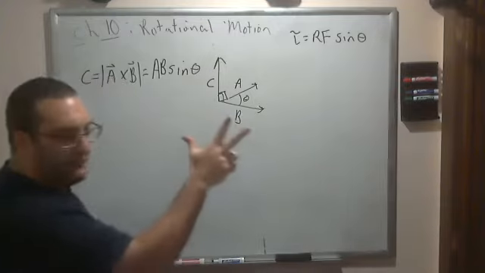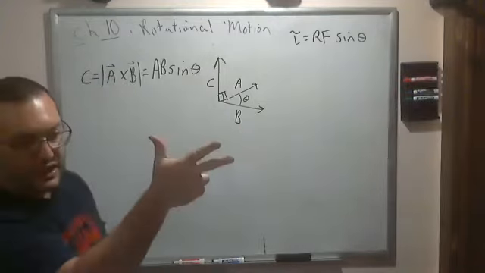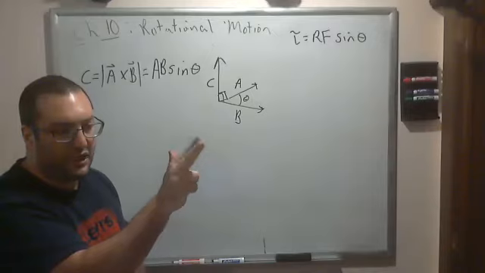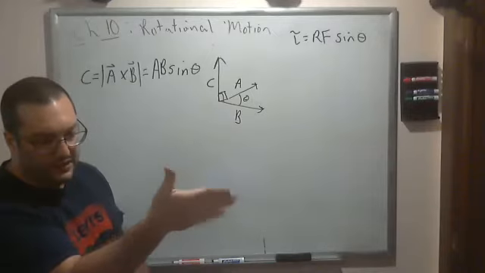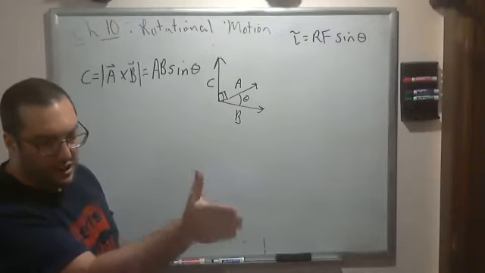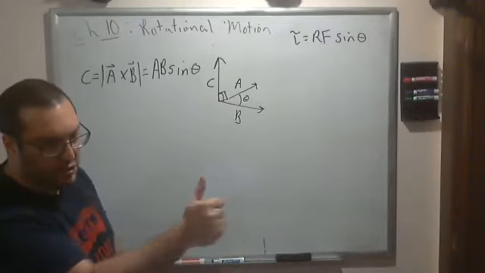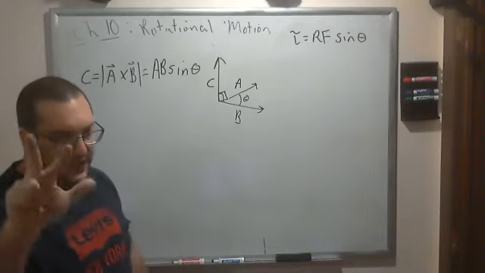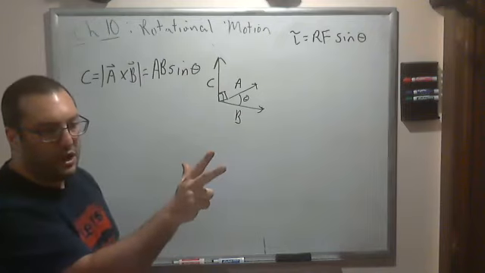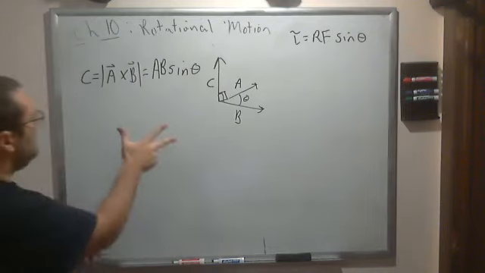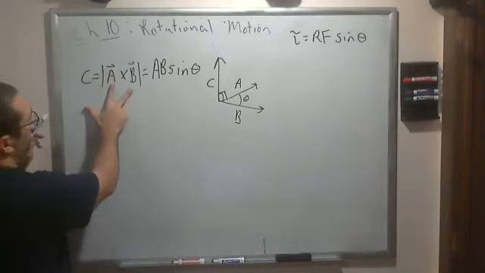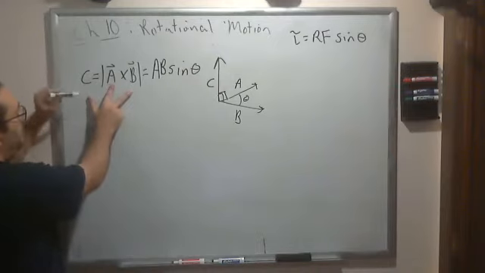Now here I have 3 fingers. We'll use this right-hand rule a little bit differently. Instead of curling around the direction of motion, we break our fingers up into 3 vectors. In this right-hand rule, my 3 fingers represent 3 different quantities.